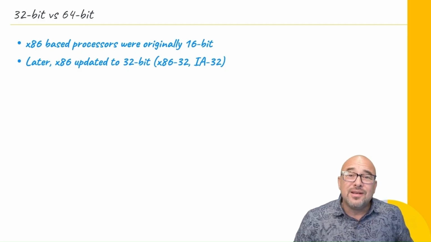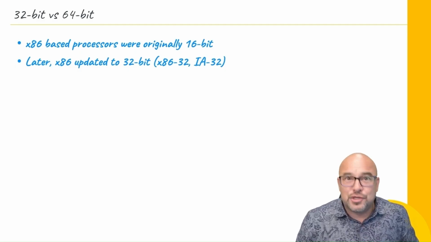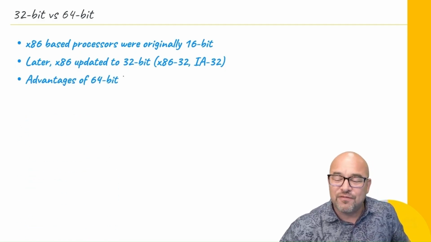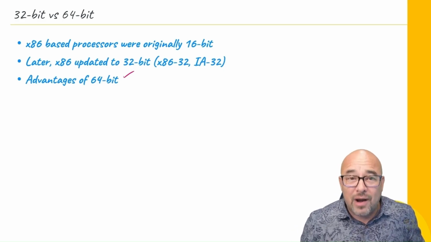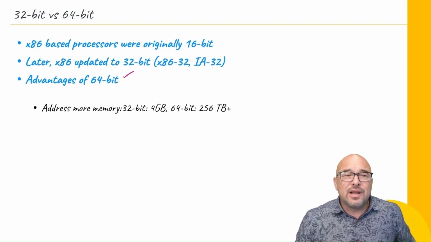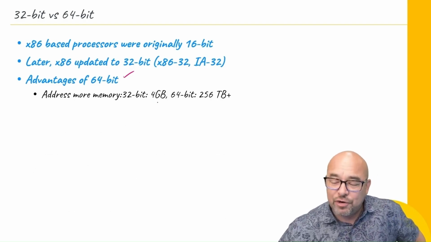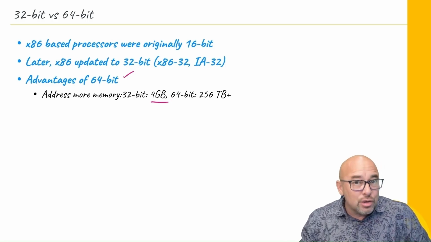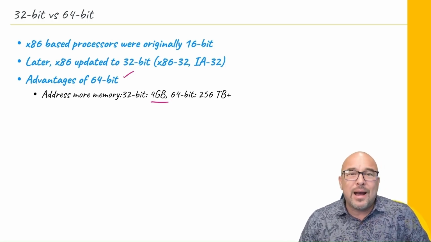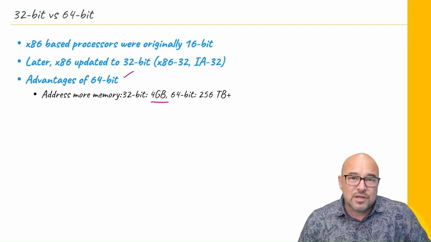Now, obviously, 64-bit sounds better than 32-bit, and it is. There are many advantages to 64-bit. One of the ones that you might not think of right away is that it allows the processor to address more memory. A 32-bit processor could address or use at most 4 gigabytes. That's not that much memory on today's computers.